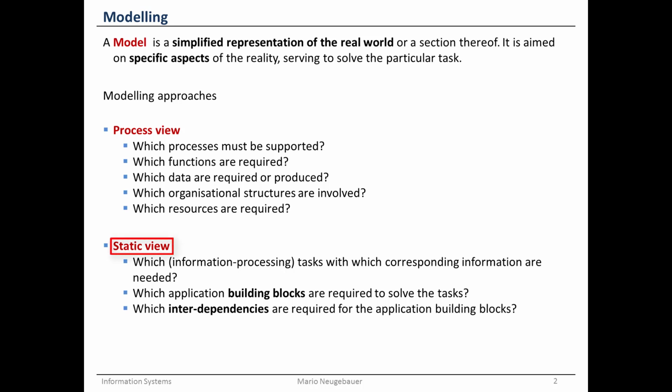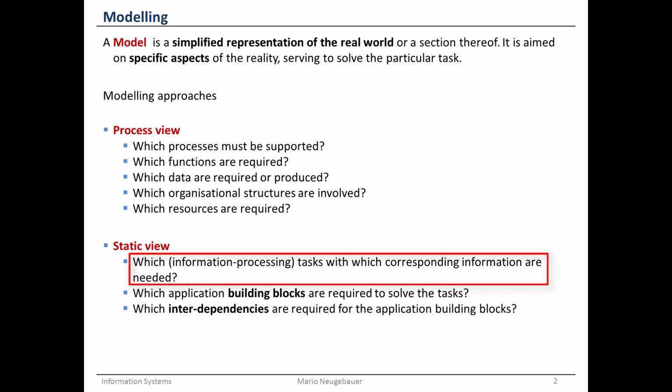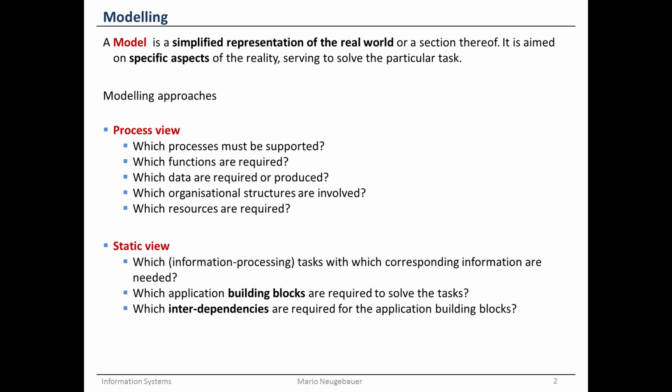And the second view is the static view. Static view refers to the information processing tasks, and the first question might be, which information processing tasks with which corresponding information are needed? So kind of modules important for performing the data processing, and therefore we ask for these information processing tasks.